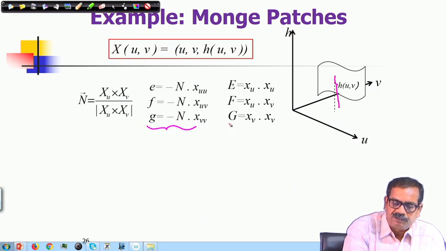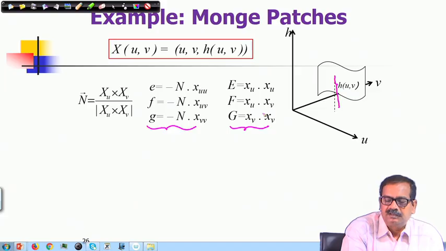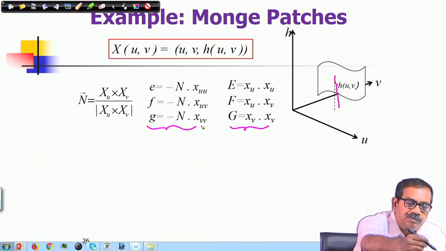This is the first fundamental form matrix. These are all derivatives, and they are related to the magnitude of the tangents, or actually this is a dot product of tangents along two different directions for F, otherwise they are along the same direction. So, these quantities can be computed easily.